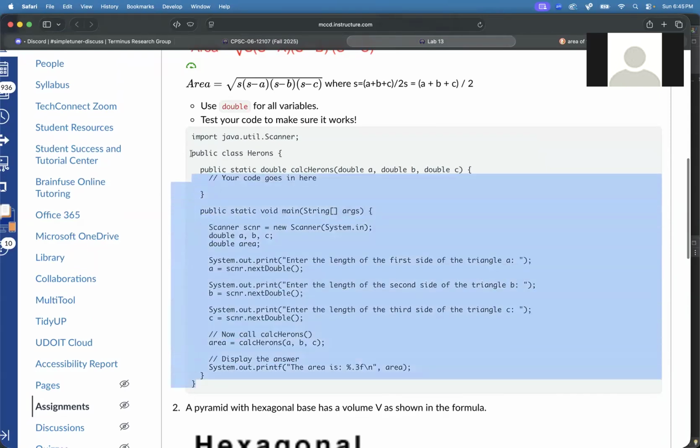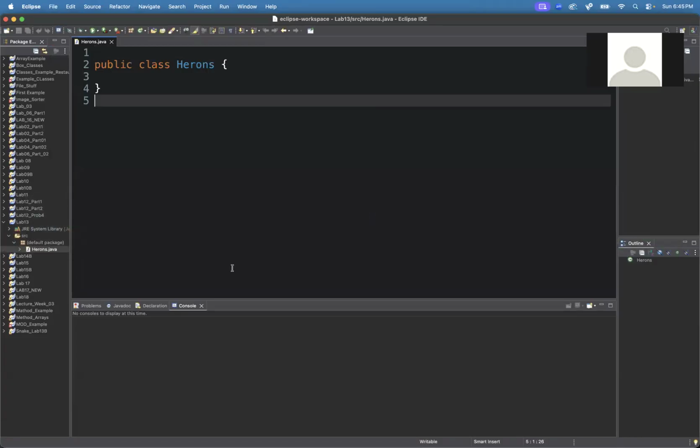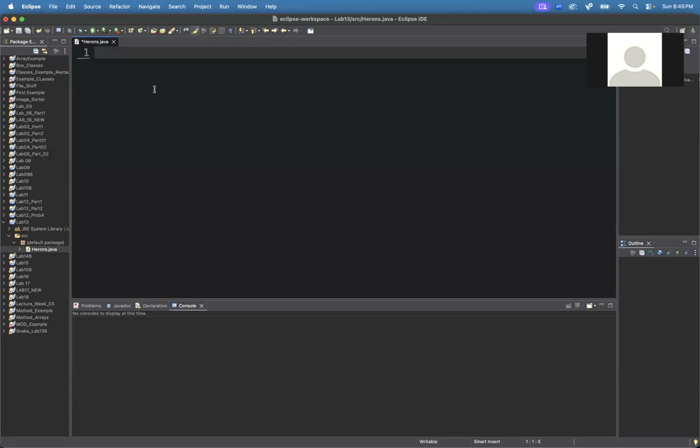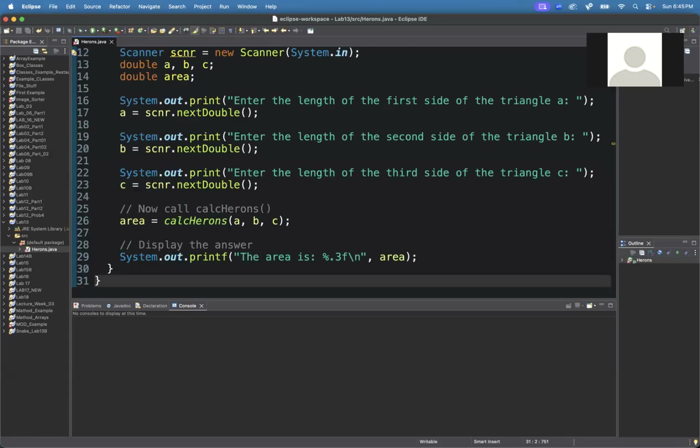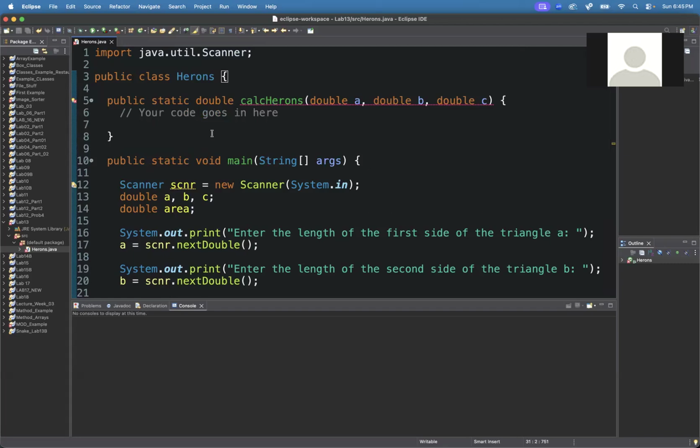So then I can just copy paste this code in here to get started. I'll just select everything, delete it, paste this, save it. Cool. So this does not run yet because we have to write this method.